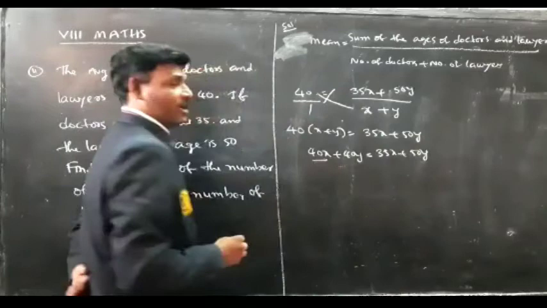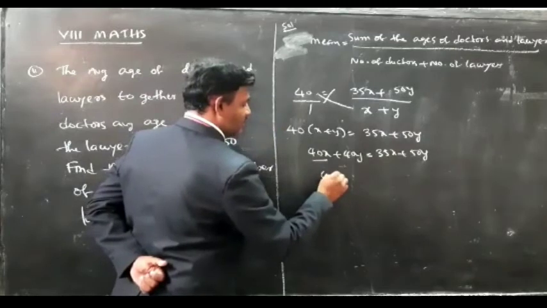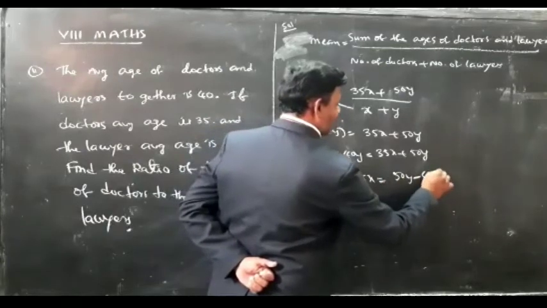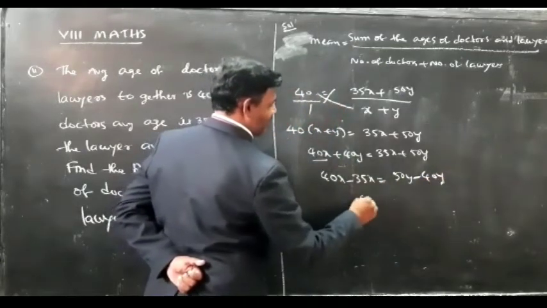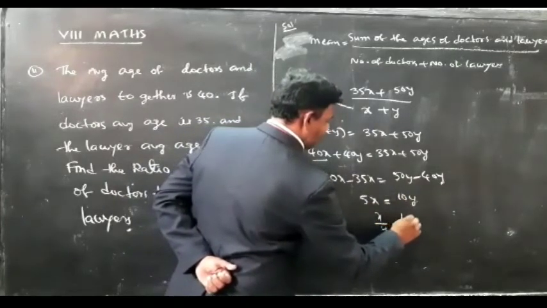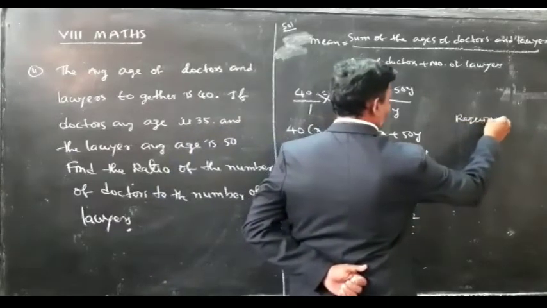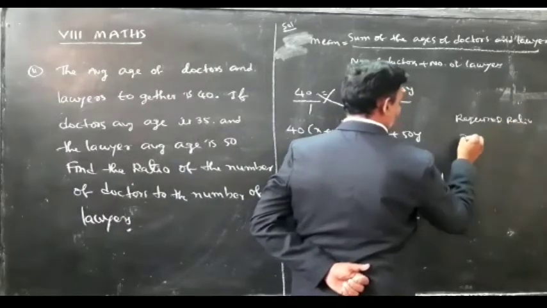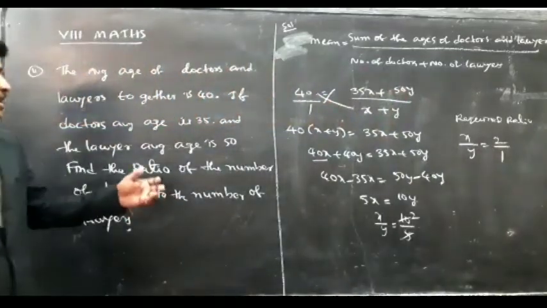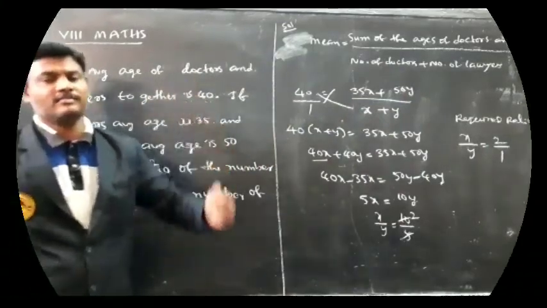Here we already have 40x, and the other x term is 35x. 40x minus 35x is equal to 50y minus 40y. 40x minus 35x is 5x, equal to 10y. x by y is equal to 10 by 5. 5 ones are 5, 5 twos are 10. Required ratio: x by y is equal to 2 by 1. So the ratio between the number of doctors and the number of lawyers is 2 by 1.